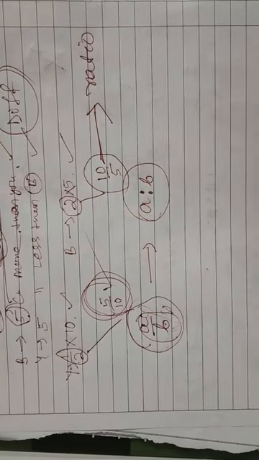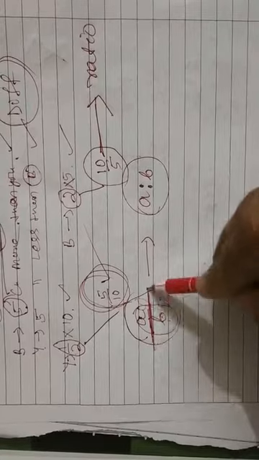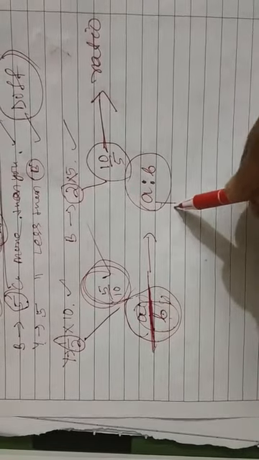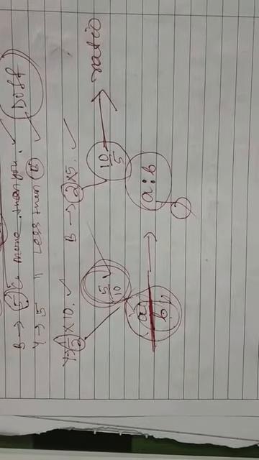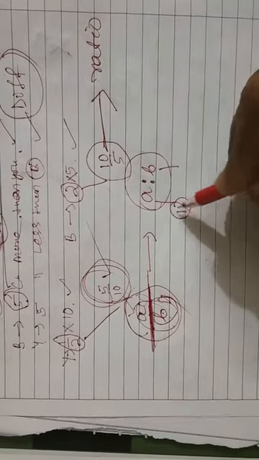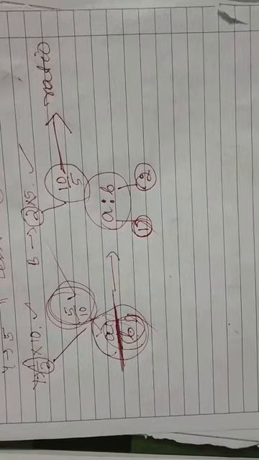A ratio comprises 2 numbers. The first one is in the numerator of the ratio. The second one is in the denominator of the ratio.